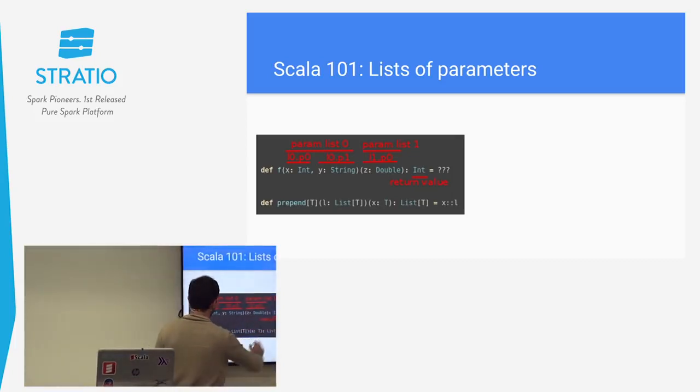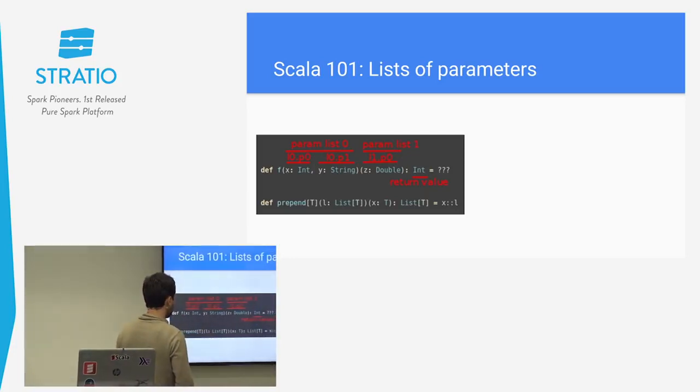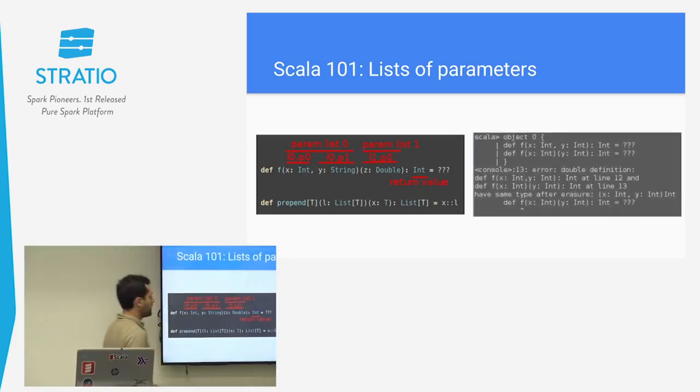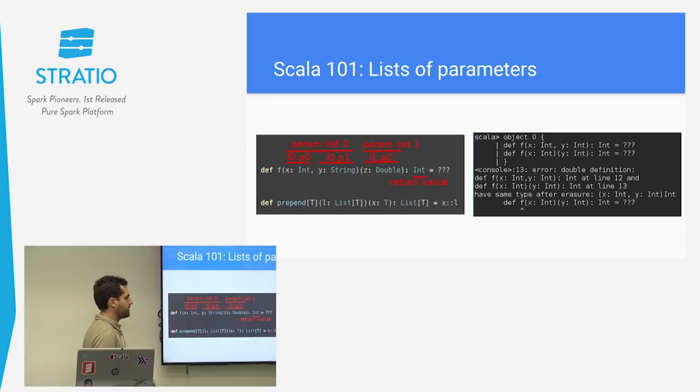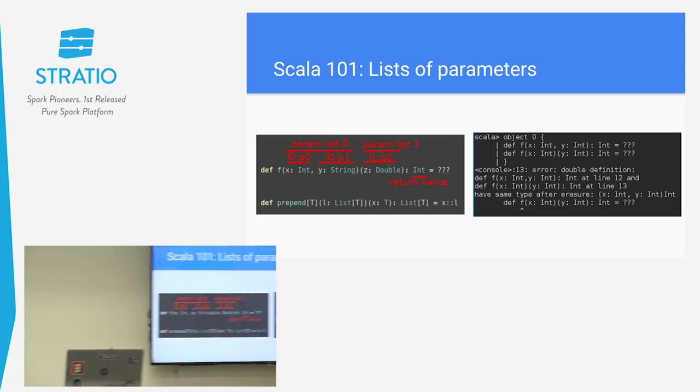Okay, this is obviously the return value. As you can see here, we have another example receiving a list in the first parameter list and a value in the second. At the end of the day, this gets translated into the JVM bytecode as regular methods, okay? We don't have this concept in the JVM.